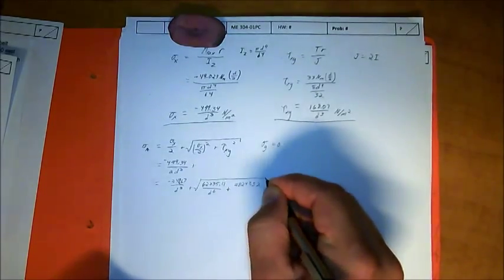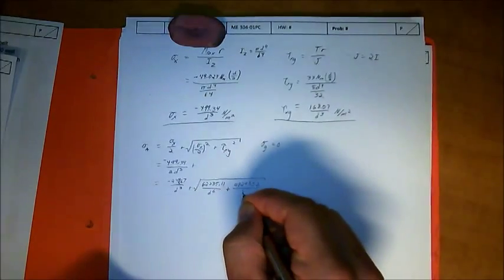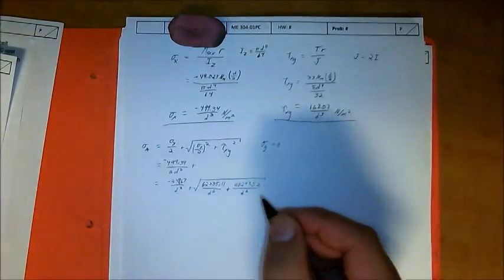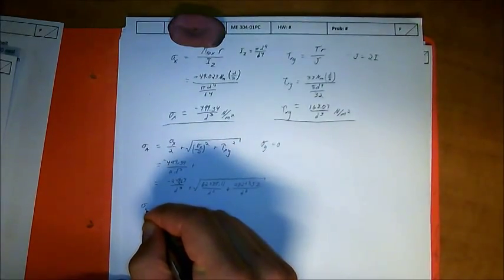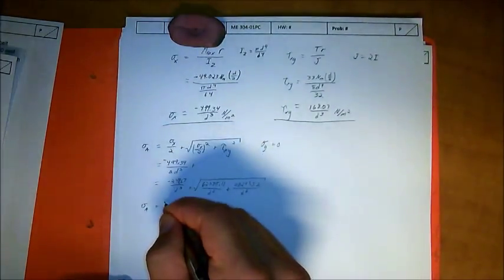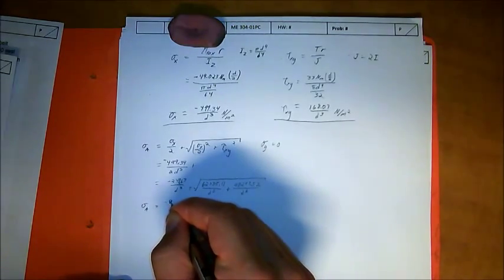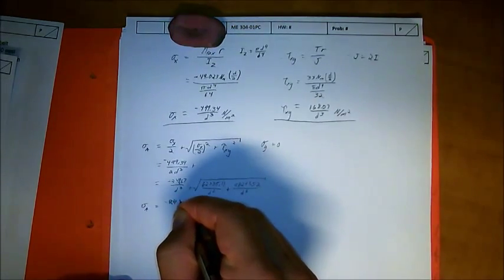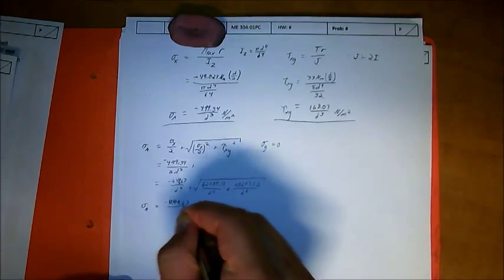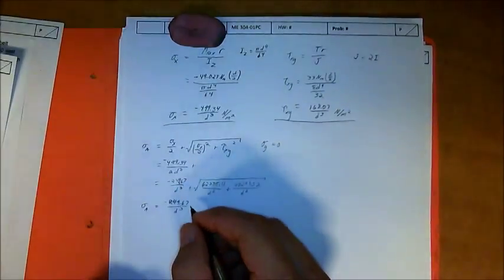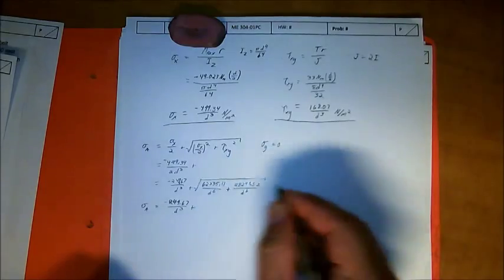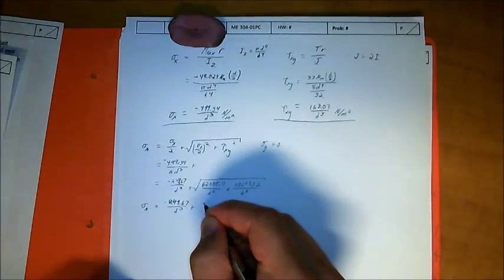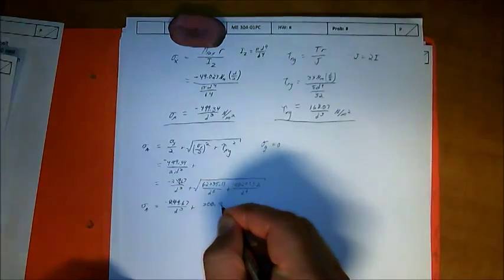Okay, so that makes sigma A equal to negative 249.67 all over d to the 3rd plus, doing all this math in here, 300.97 all over d to the 3rd. You can just put that in your calculator and you'll get the answer out. Well, a little bit of mental math, but it's not that big of a deal.